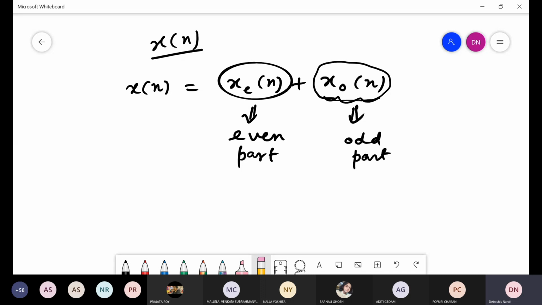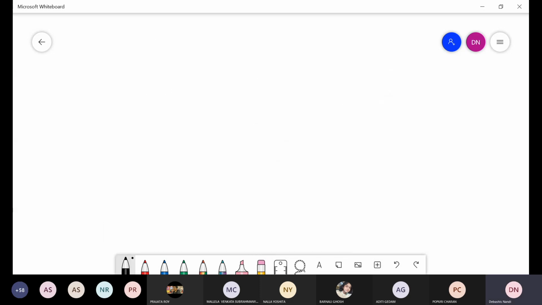So initially I am saying that any kind of function x[n] can be written as a summation of an even part and an odd part. Then I will find the expression for the even part and odd part, then add them, and you will see that it gives you x[n]. Suppose I have a signal x[n].